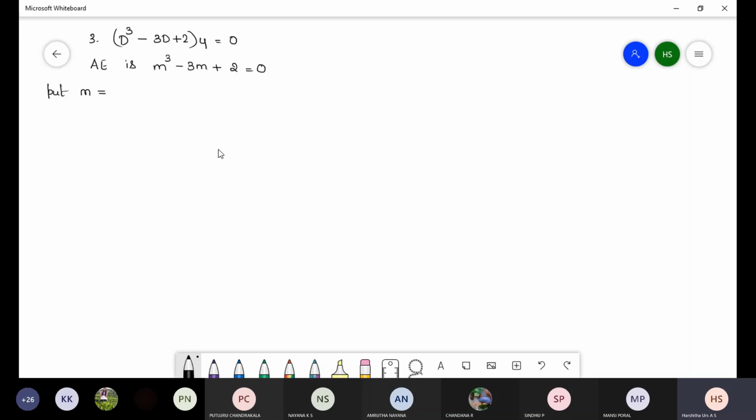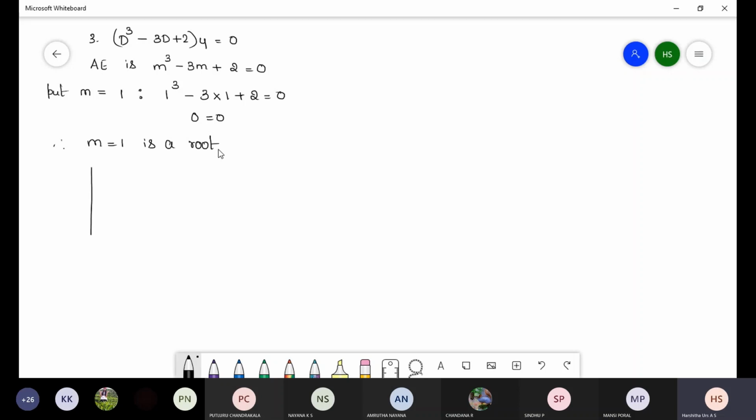For which number, if we substitute in the place of m, will we get 0? 1, ma'am. Yes, very good. 1. How? Here m cube is 1 cube minus 3 into 1 plus 2 is equal to 0. So 1 plus 2, 3. 3 minus 3, 0. 0 is equal to 0. Therefore, m is equal to 1 is a root.